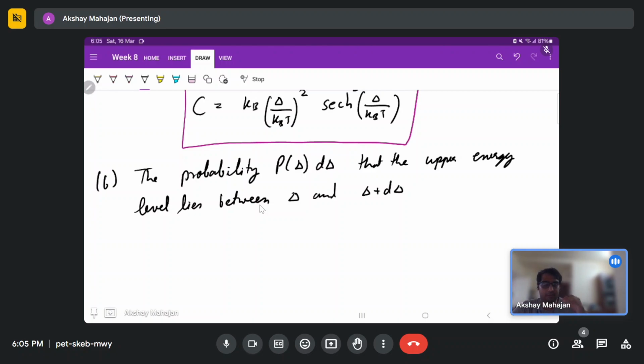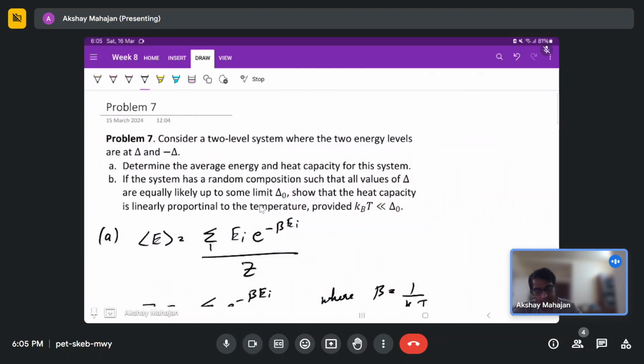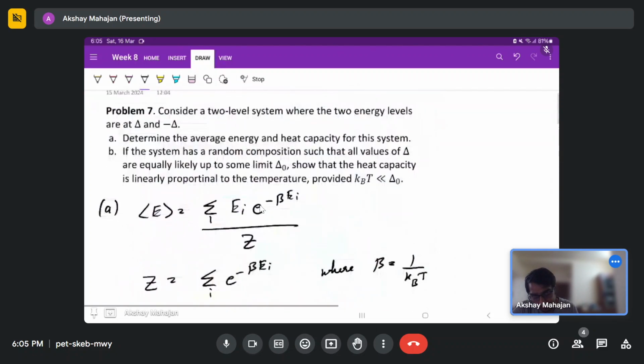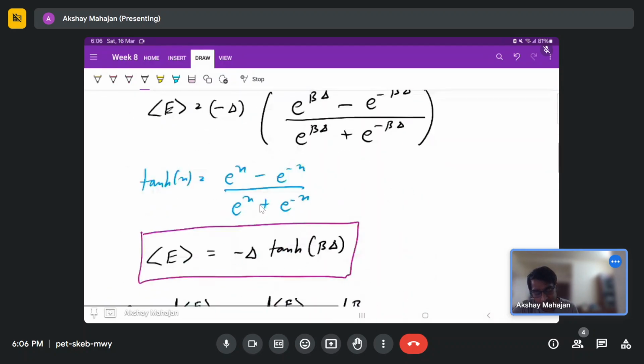Basically we have this ground energy. We have a two energy level system at energy delta and minus delta, and the system has a random composition such that all the values of delta are equally likely up to some limit delta naught. We have to show how the heat capacity is changing.